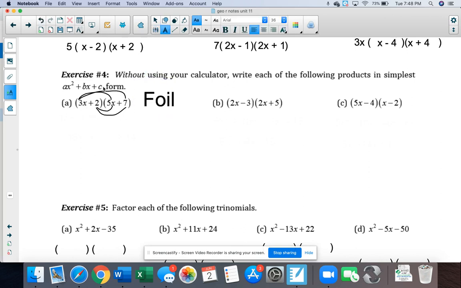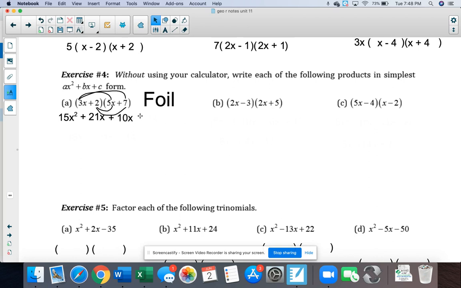All right, so 3x times 5x, that's the first term. 3x times 7, that's the outside term. 2 times 5x is the inside term. And 2 times 7 is the last term. So 3x times 5x is 15x squared. 3x times 7 is 21x. 2 times 5x is 10x.